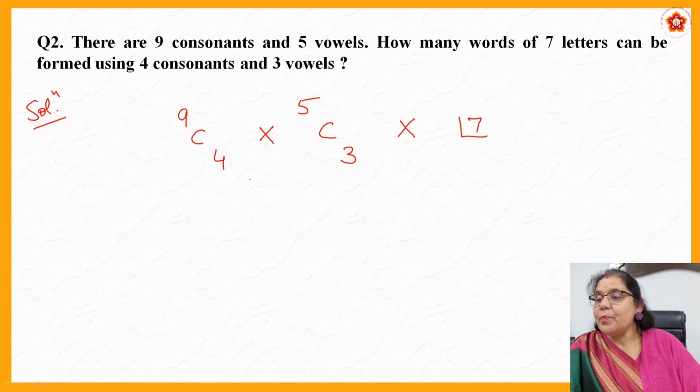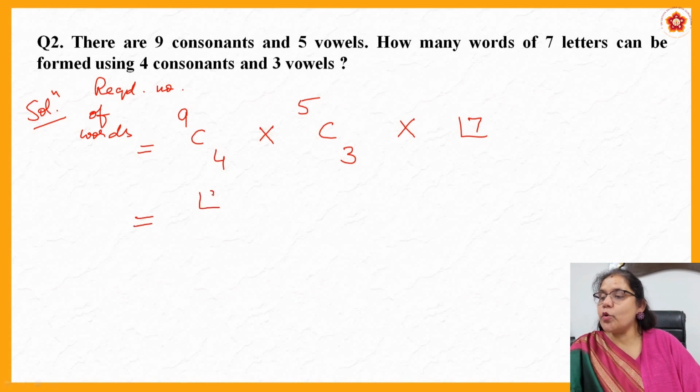And here you see, in the initial first part of the question, we are using combinations. And in the latter part of the question, we are using permutations. So all these problems are based on permutations as well as combinations. Now solve it. So this is your required number of words formed.